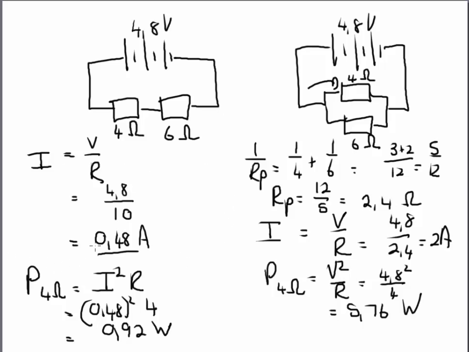So all of this we can use then to determine our actual cost of using electricity. And that's why it's so important to understand power. We can also go and do the same for the 6 ohm resistor, and without even showing you the calculations, if we go and calculate the power of the 6 ohm resistor in series versus the 6 ohm resistor in parallel, the 6 ohm resistor in parallel will use more power and it will burn brighter than in the series circuit.